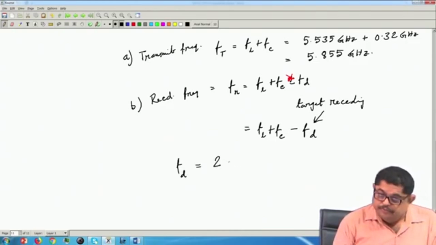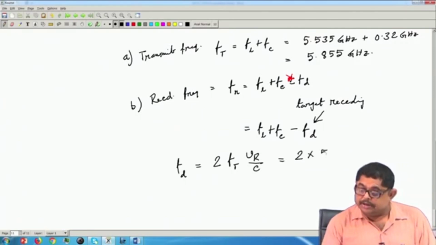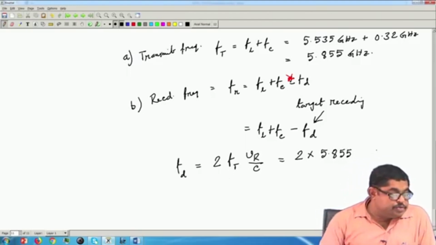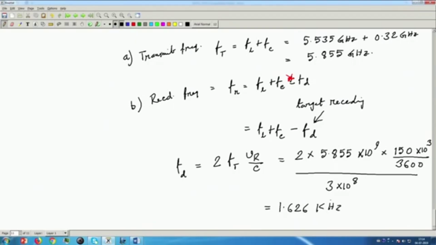FD is 2 FT VR by C. So 2 into FT, which is just now calculated as 5.855 gigahertz, into VR, which is 150 kilometer per hour, that is 150 into 10 to the power 3 by 3600, divided by C. That will give us 1.626 kilohertz. So Doppler is 1.626 kilohertz.